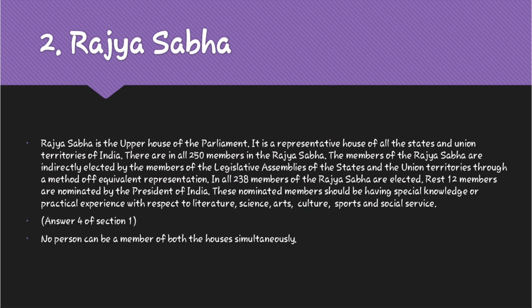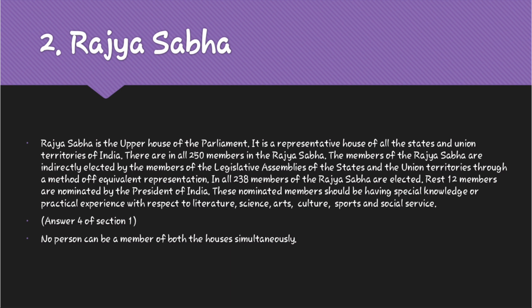Another one we have is Mary Kom, who is from the field of sports. Mary Kom is also an MP. Then Srimati Rupa Ganguly, etc. We have 12 nominated representatives to Rajya Sabha now. Another important point we should note here is that no person can be a member of both the houses simultaneously.